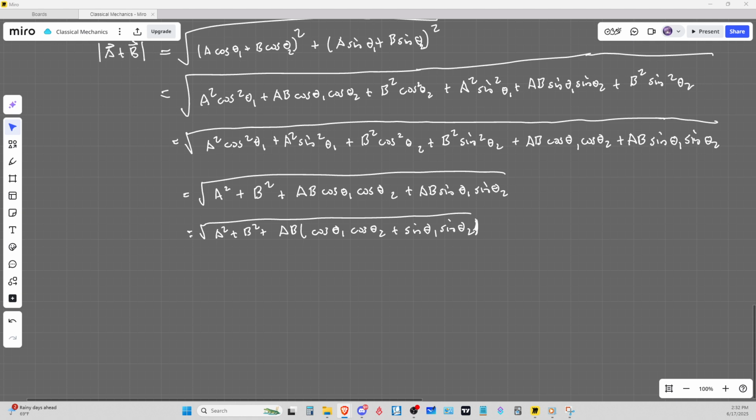Let's see. Double angle trig identity. This is not the one I'm thinking of. Here it is. So sine is the one that basically is switched up, so this one I think has to be cosine.